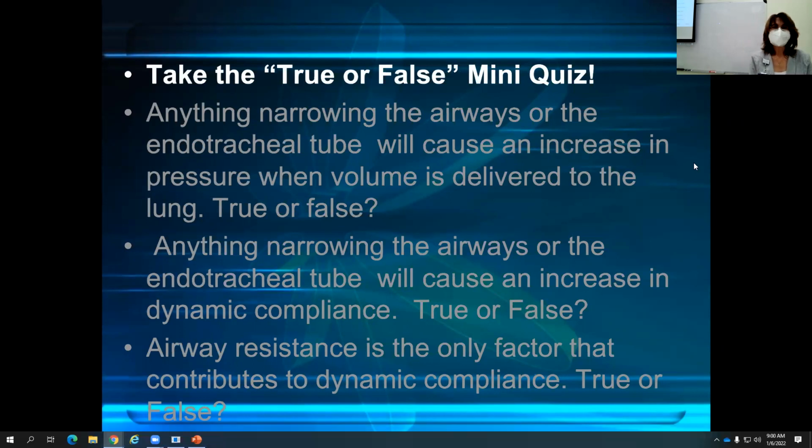All right, the second one, is it true or false? Anything narrowing the airways or the endotracheal tube will cause an increase in dynamic compliance. True or false? False.